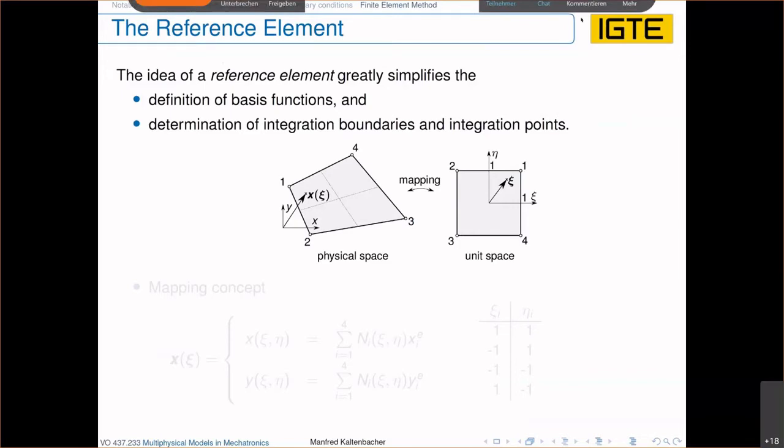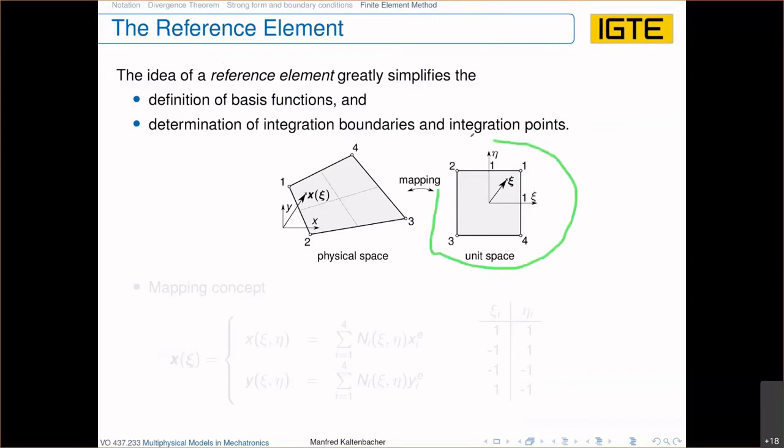A reference element, as you can see here, is the following. This is here our reference element. We call it also the so-called unit space. For a quadrilateral, it is a nice element going in xi direction from -1 to +1 and in eta direction from -1 to +1 with 90-degree angles.